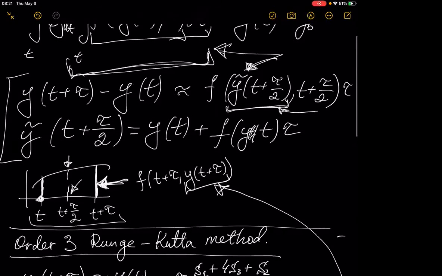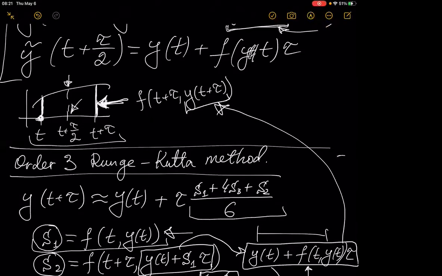So instead of using just Euler, I'm using information from here, f of t, y of t. I know the slope here, and I know the slope here already because I essentially evaluated it using Euler's step.